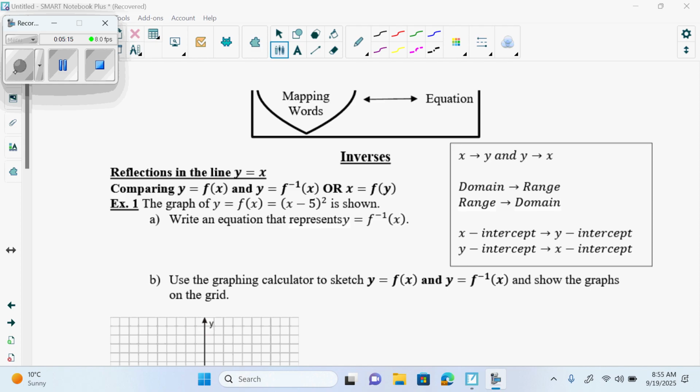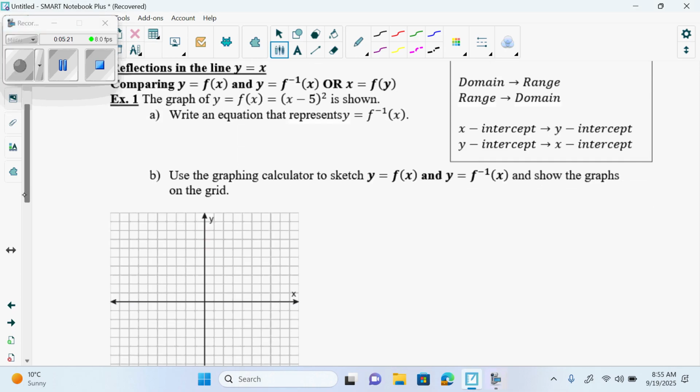The graph of y equals f of x equals x minus 5 squared is shown. Technically it's not. We're going to draw it. So it is the original graph 5 to the what? It's the original x squared parent function 5 to the what? Right. Correct? So this is just 5 right.